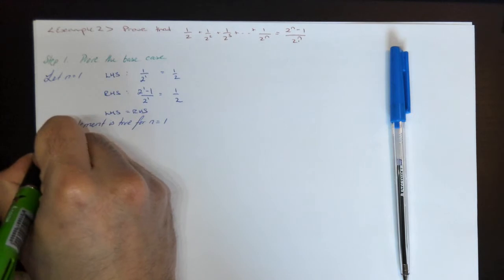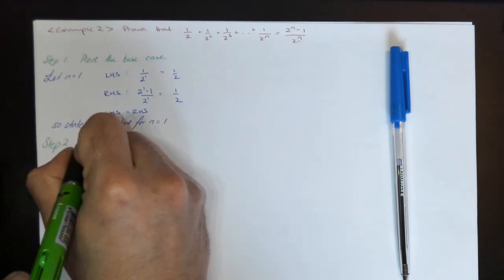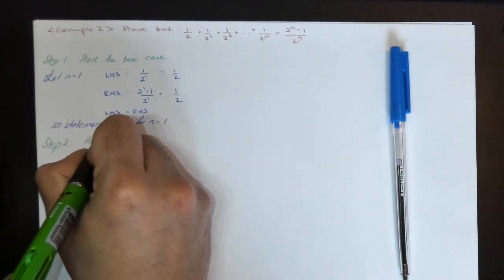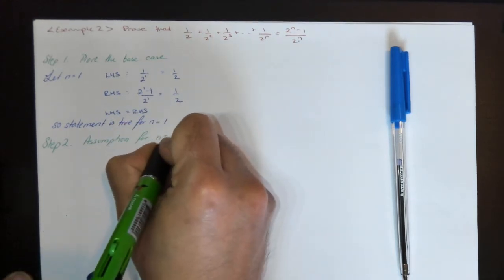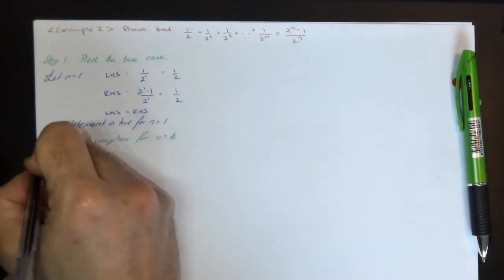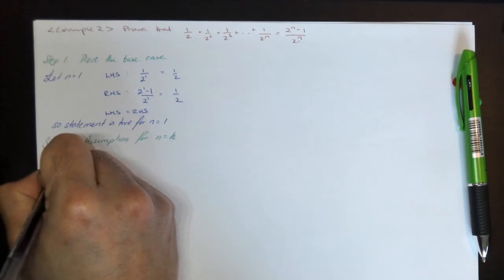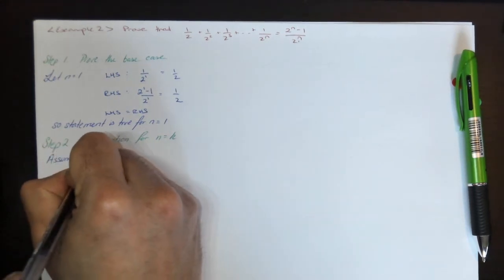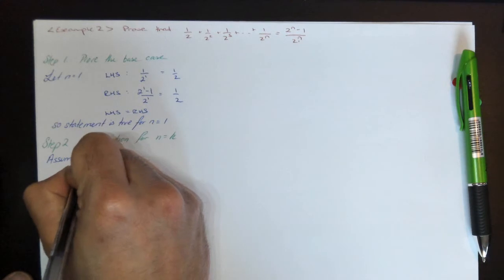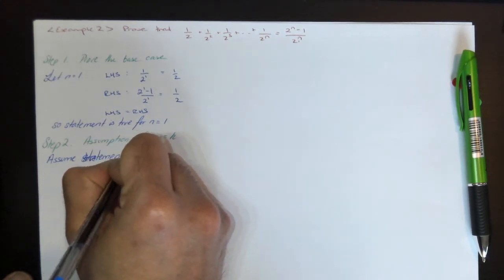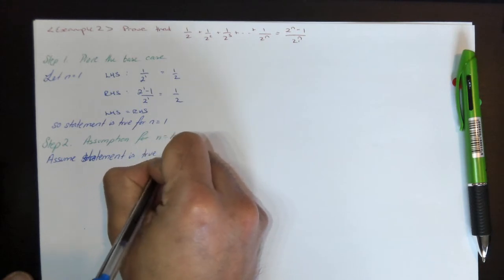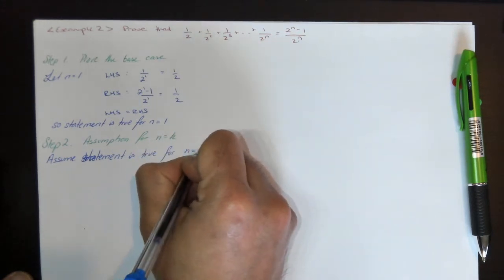Step 2 is the assumption for n equals k. So we're going to state, assume the statement is true for n equals k.